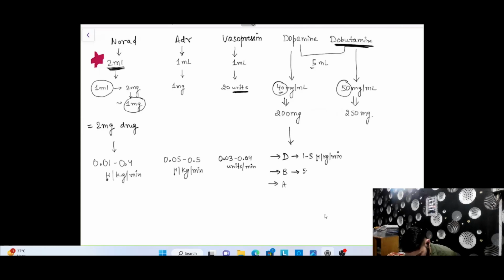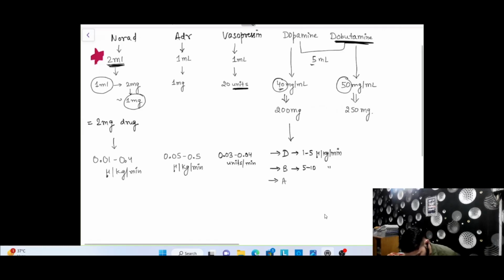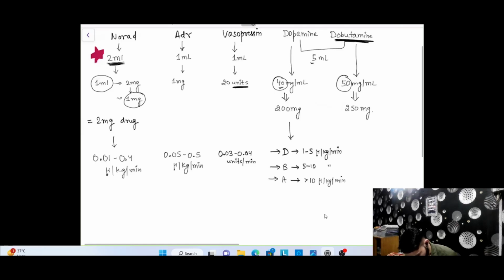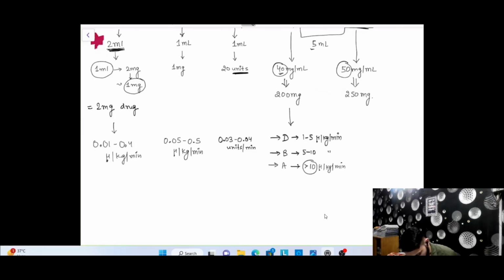At 5 to 10 microgram per kg per minute, it acts at beta receptors, and it acts at alpha receptors when it is more than 10 micrograms per kg per minute. This more than 10 can actually go up to 40 to 50 micrograms per kg per minute, not more than that.